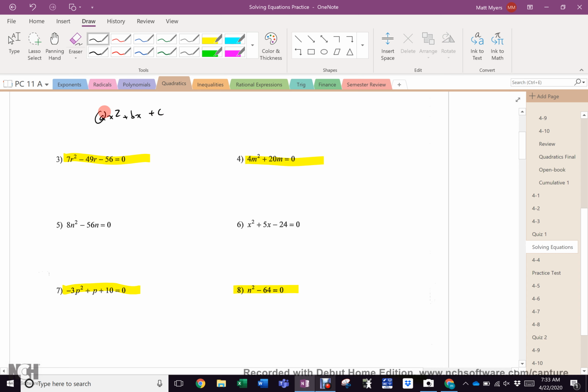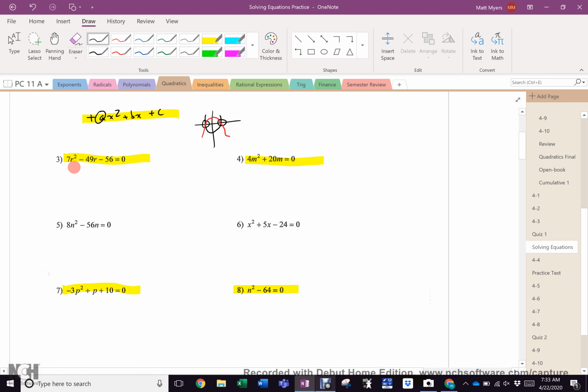We want this a positive, and then we factor that. That will give us our roots. If there's a negative out in front, remember, those are positive, and there's the roots. But if that's negative, then it's an upside down parabola, but notice the roots are the same. So we just factor this normally.